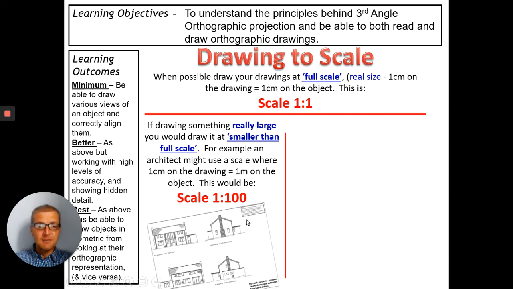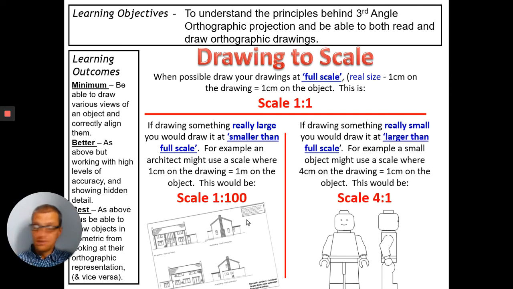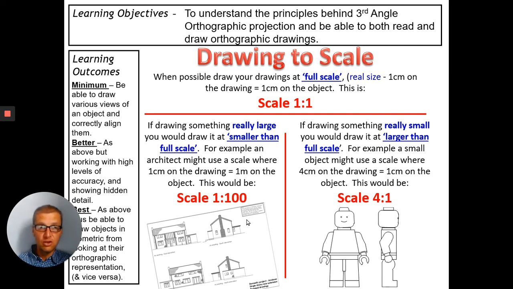Sometimes you might draw things, if the object was something really small, bigger than it really is. If you think of that little Lego man, you'll have seen a Lego man at some point when you were a kid, and they're only very, very small. So if you were going to do a drawing of a Lego man, then for it to be made and manufactured and so on, you draw it larger than it really is.